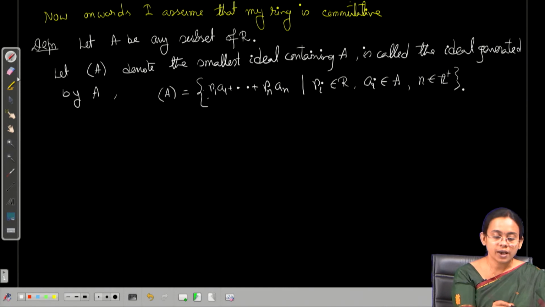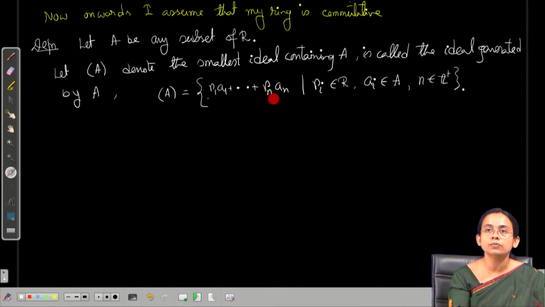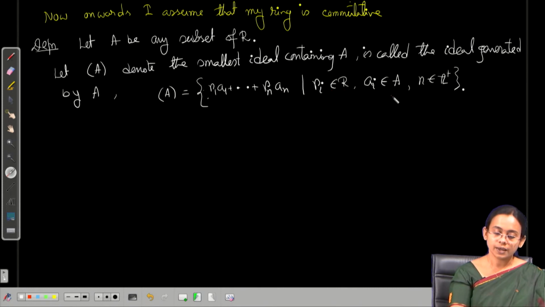So, if I start with a subset of R, this notation means the ideal generated by A, which is the collection of linear combinations of the elements of the set A with coefficients coming from the ring R. And n is any positive integer. So, all the finite collections with coefficients from the ring R and a i's from the set A. This is the ideal generated by A, and it is in fact the smallest ideal which contains the set A.